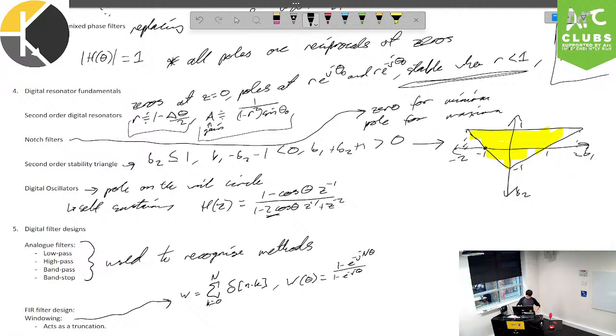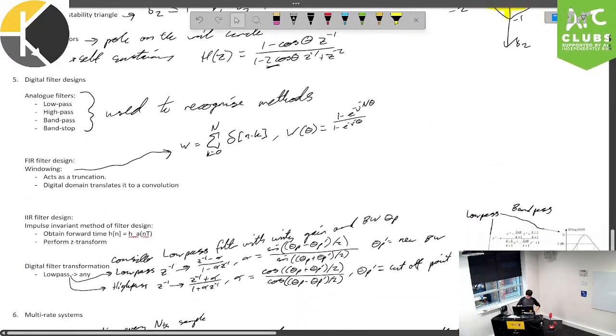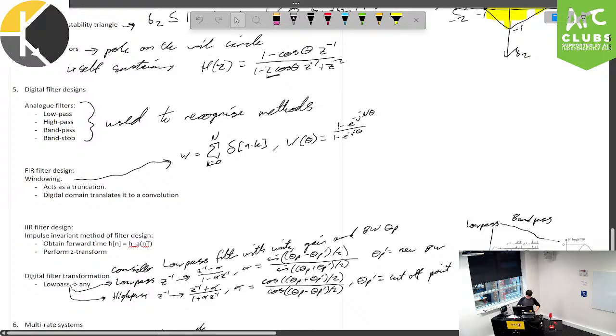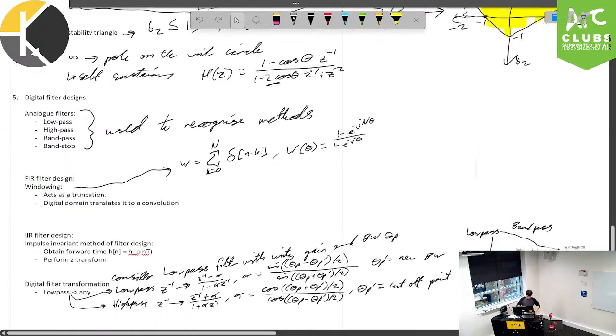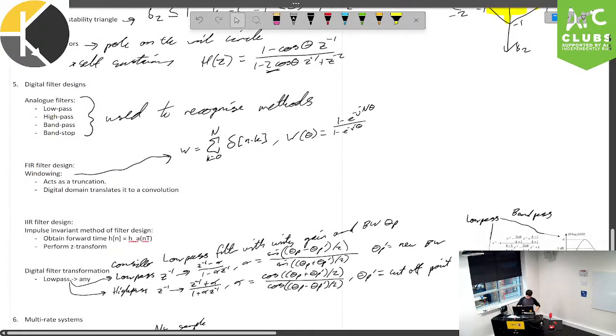And since it has a radius of 1 and it is unstable within that manner, it means that if you supply any kind of excitation to it, it'll just keep on going. It will self-sustain itself, okay? All right. I guess that's all we have on digital resonator fundamentals, and so we'll move on to digital filter design.